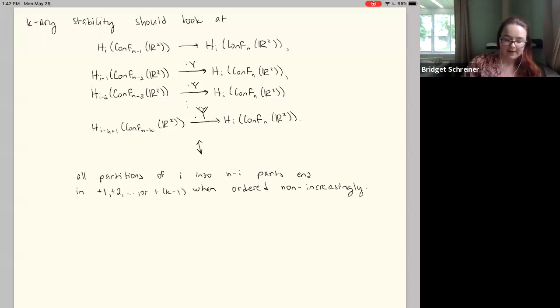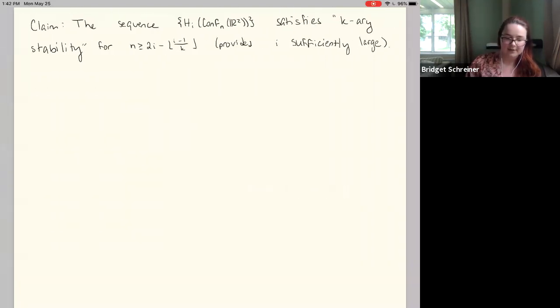So we started looking at this, and the claim is that the sequence of the ith homology of configurations of n points should hopefully satisfy what we're calling K-area stability when n gets greater than or equal to 2i minus floor((i-1)/k).